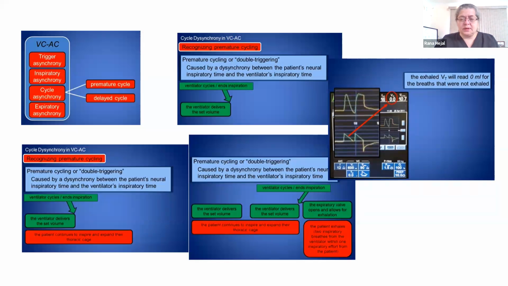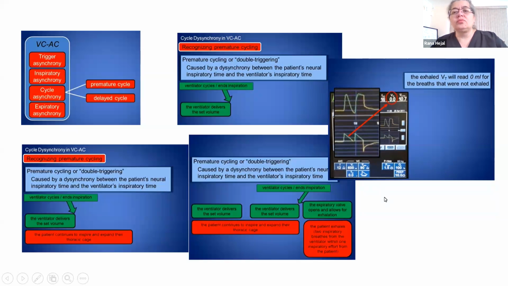So as the patient is inhaling, the ventilator is turning off on him and wants him to exhale, but he's not ready to do that. So he continues to inhale, and as he does that, it stupidly thinks it's triggering again, so it gives him the second breath. So what you end up with is a picture like this.